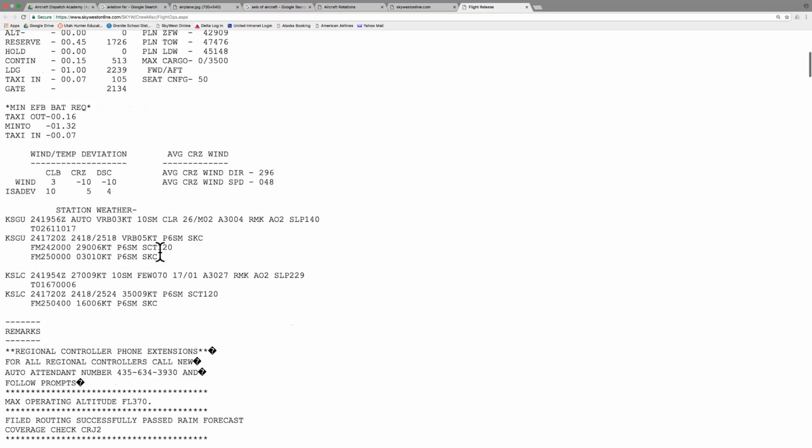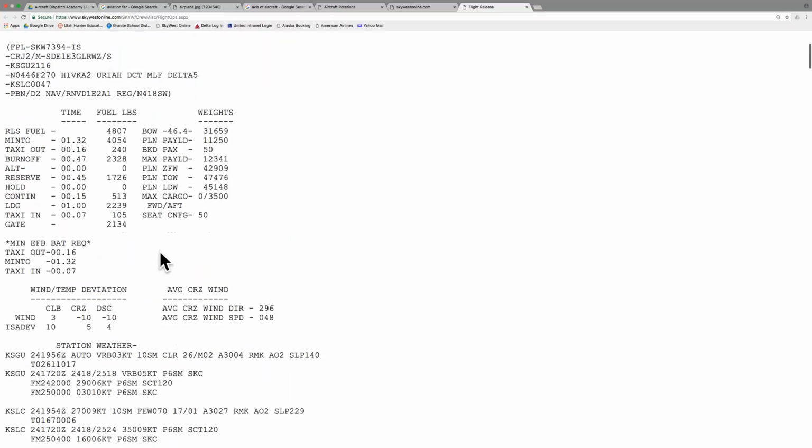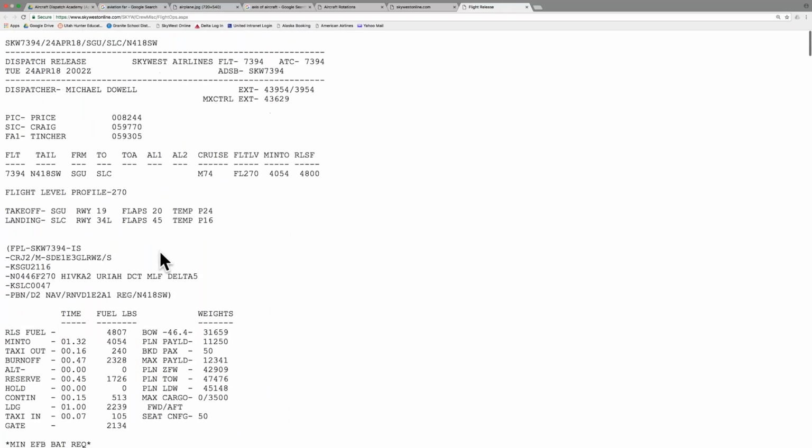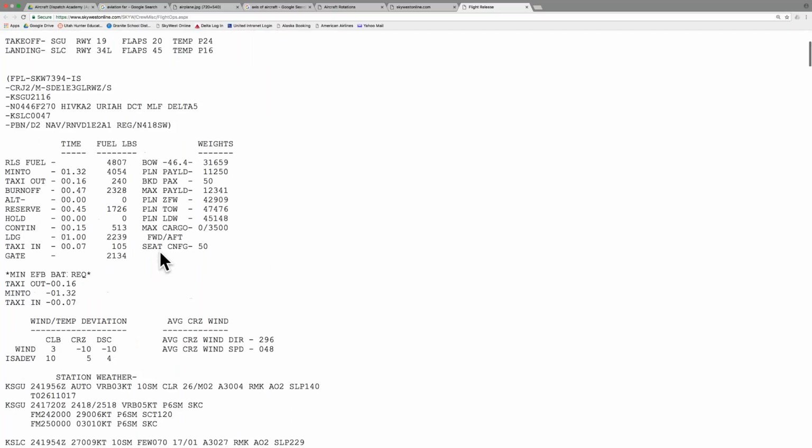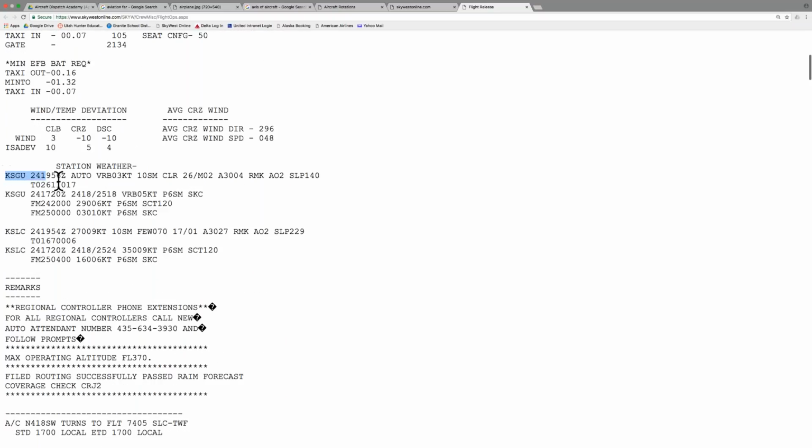The next box we look at is, do we need an alternate? So we'll look at the weather. We'll look at these reports here, and we'll determine, if there was an emergency on takeoff and they got off the ground, where can we go that's close?